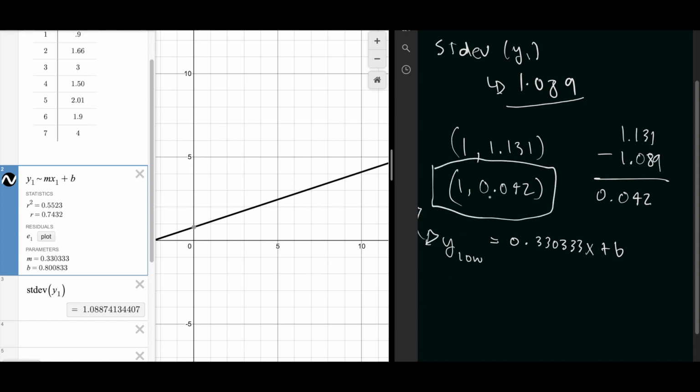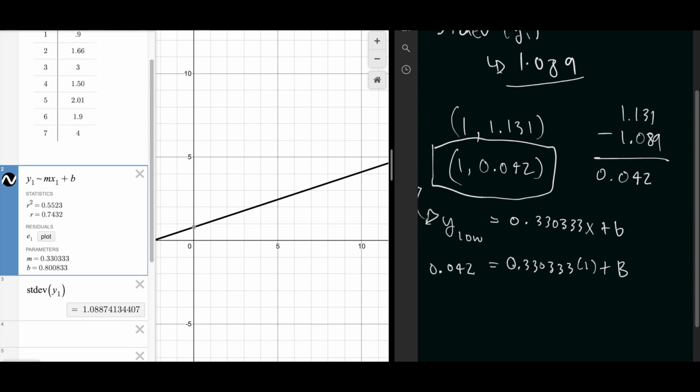We're going to use this point for this data, so x equals 1. We write 0.330333 times 1 plus b equals y, which is 0.042. Anything times 1 is just itself, so we have 0.330333 plus b equals 0.042.